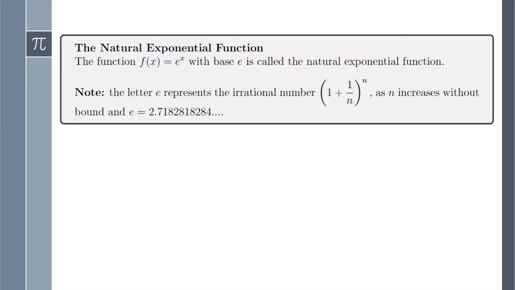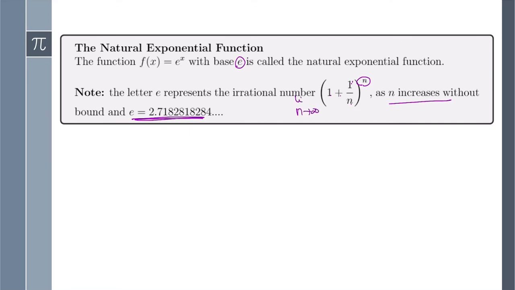Now there's a special exponential function with a special base, which is e. Again, this e is not a variable, it's a number, which is called Euler's number. The definition of e is 1 plus 1 over n to the n when n increases without bound, or when n approaches infinity.